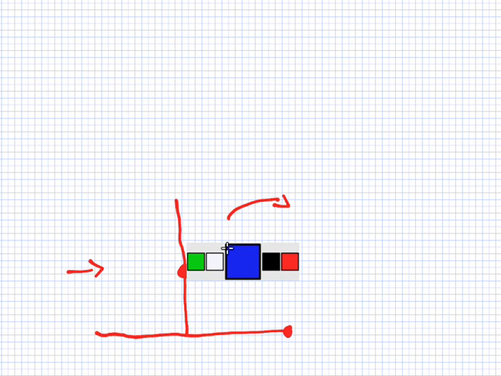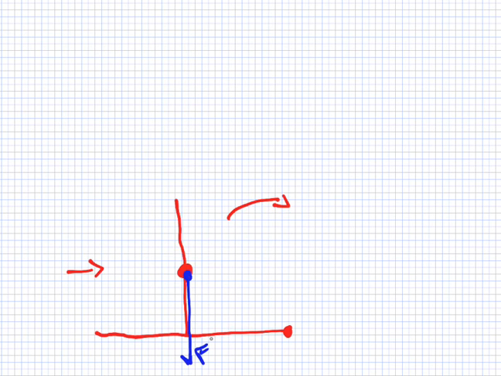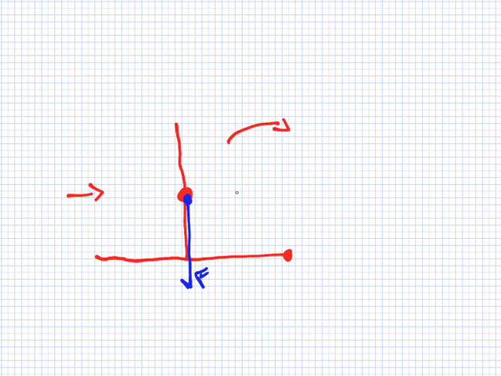Now why is that? Well, if you look here, there's a force here. And then as this moves up, so like if it was here, the force is still going down. Let me draw that again. I'll do it in red.